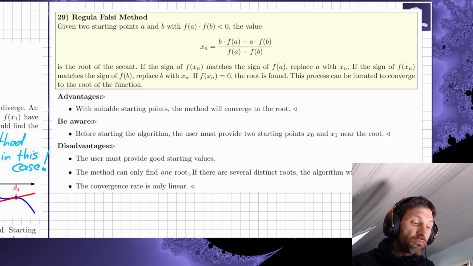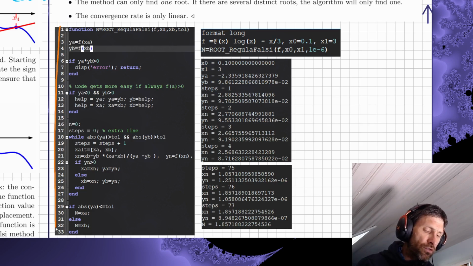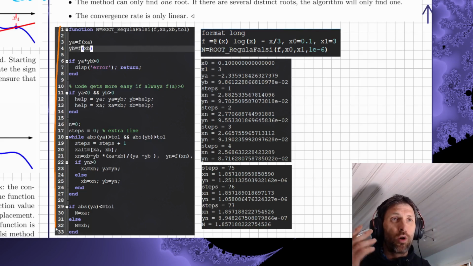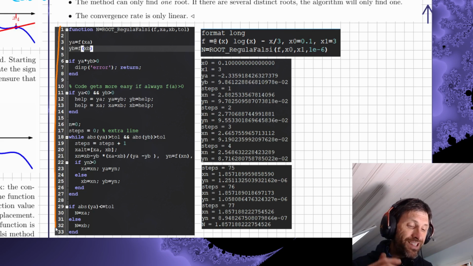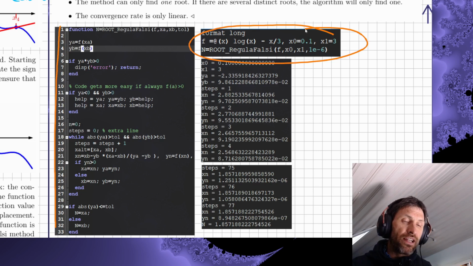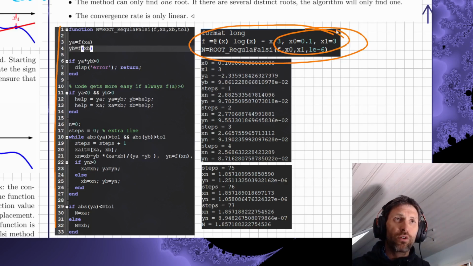Okay, so let's study the behavior for some examples. This is our algorithm. It's long, but okay, not so hard. It's a mixture of bisection and secant. If you understood these 2 algorithms, you will understand this one as well. So let's take as our example the natural logarithm of x minus x divided by 3, there must be a root between 0 and 3.